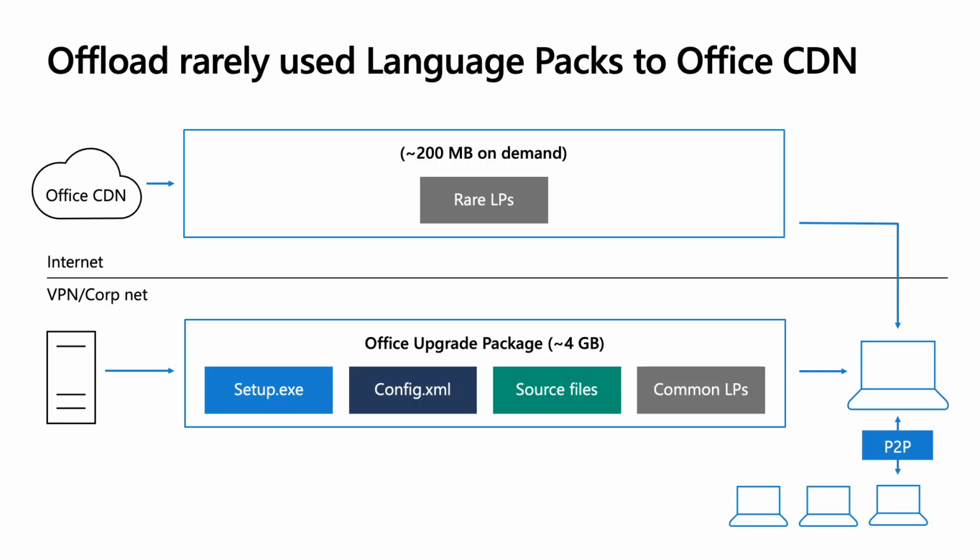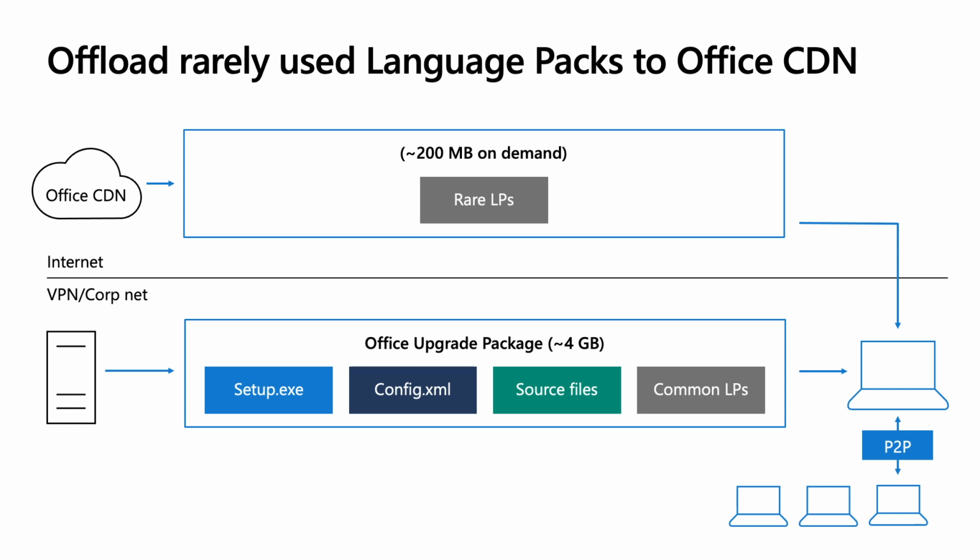And this is how my setup can then look. I still have my Office upgrade package. There's still the setup, there's still the config file, it's still controlled by my Config Manager. I still have the source files for Office itself, but now I only include the source files for my most commonly used language packs, because this is a good use of my on-prem network bandwidth.